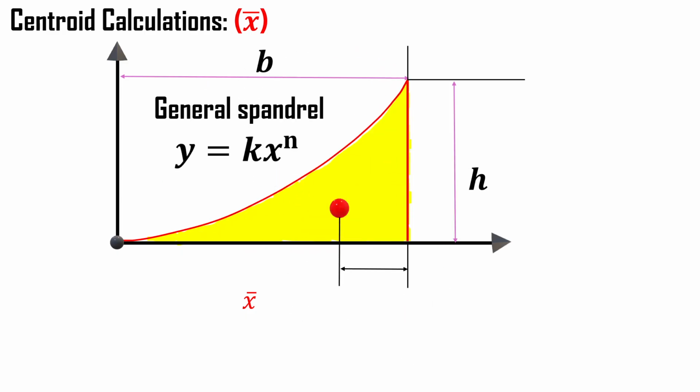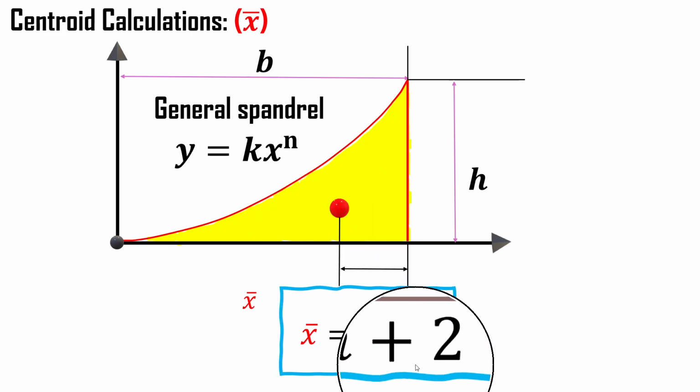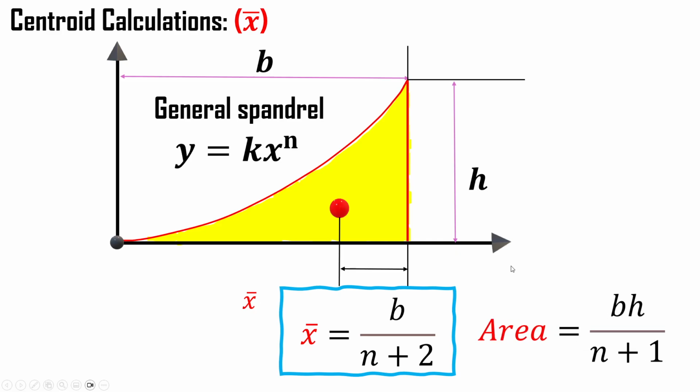The equation for a general spandrel is a coefficient, y is equal to k times x to the power of n, and n could be any number higher than 1. So x bar is b, or the length, over n plus 2, and area is b times h over n plus 1.